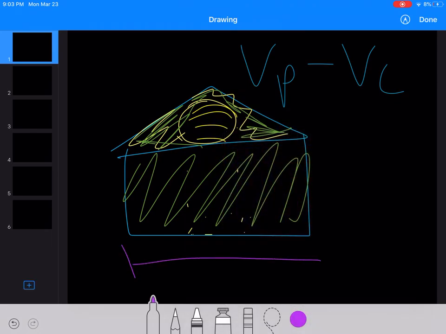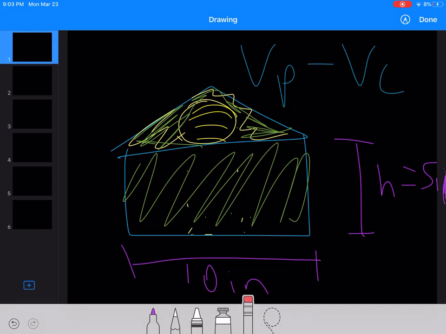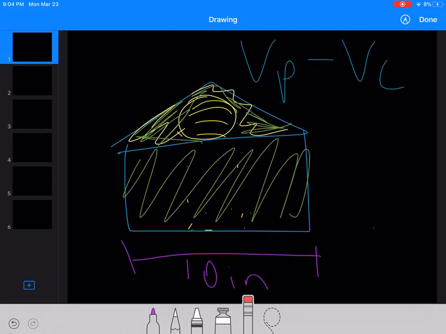So the length on the bottom, let's do 10 inches. Let's do the height is 5 inches. And that's going to be the height of both the cylinder and prism because they're connected through that together. So the height is 5 inches.